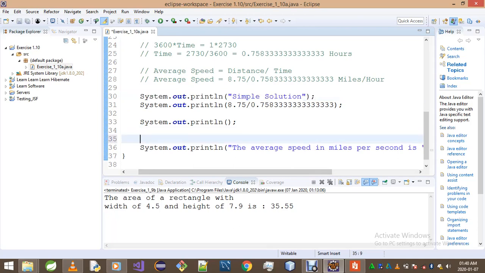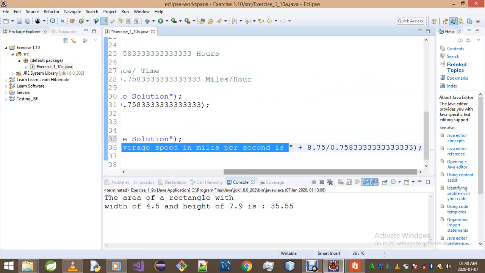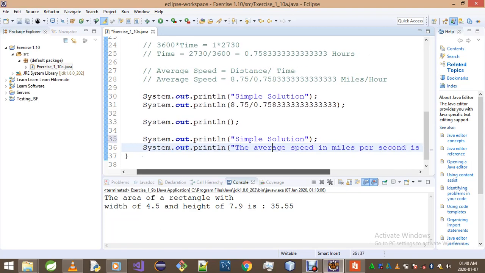You could have made this even more descriptive by mentioning the fact that it is a runner that is running this distance, running at this speed. Okay, this is actually a better solution.